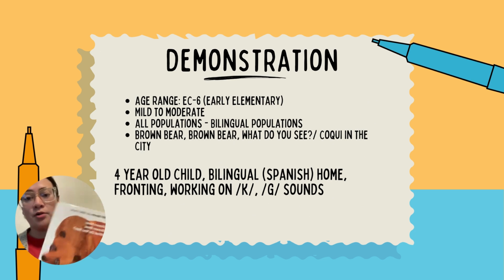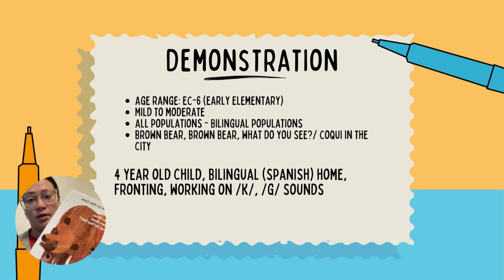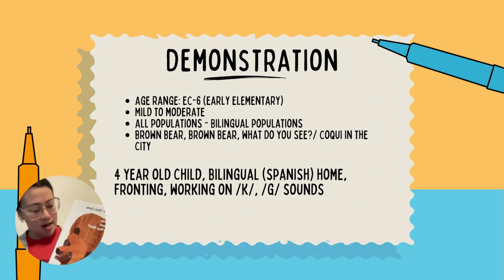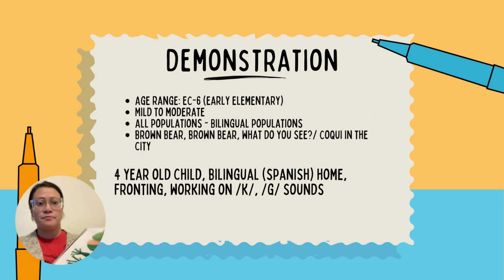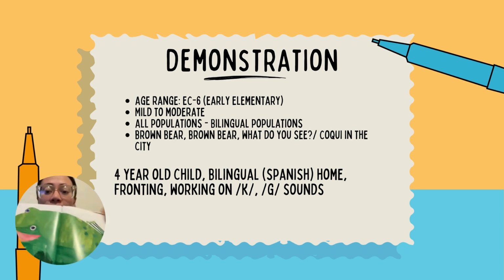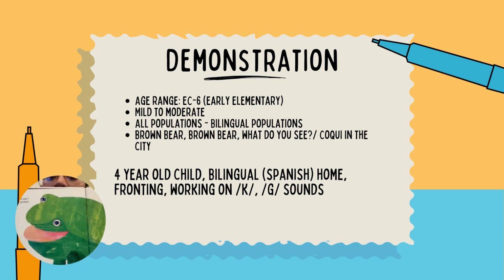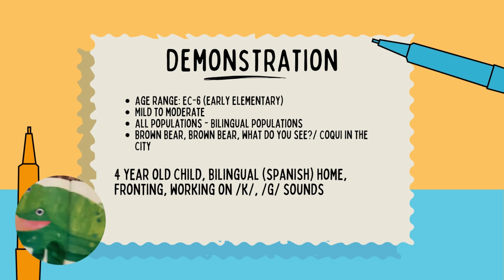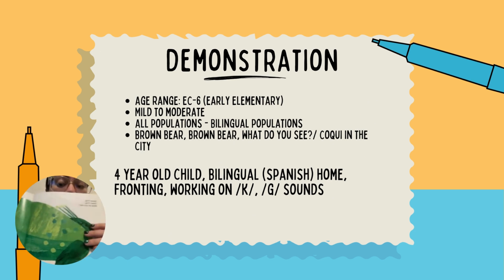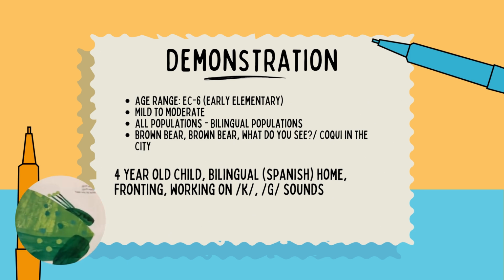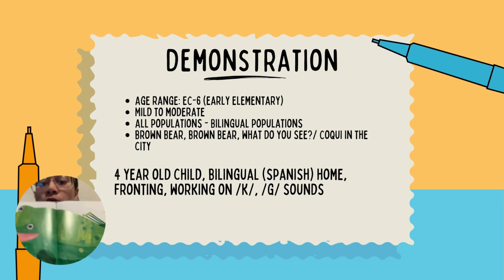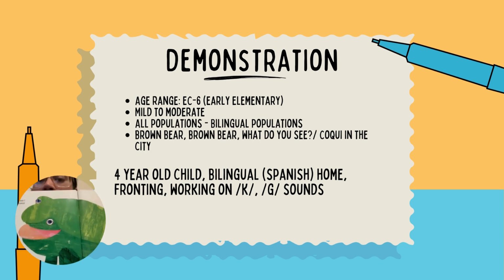So if I had a 4-year-old child who was bilingual, Spanish speaking at home, and was fronting, we have a green frog, and we can remind the child to use their back sounds whenever producing the words frog and green.